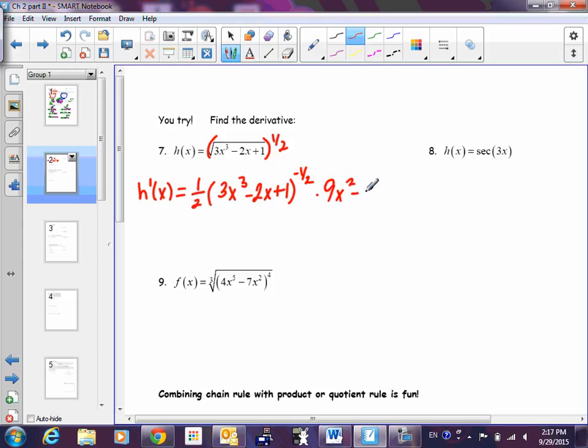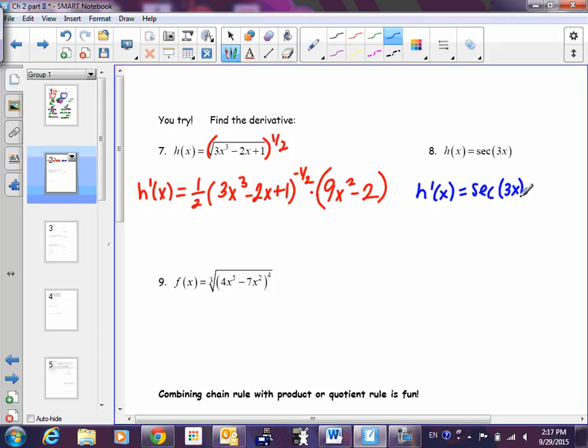Now, the way I have this problem right now, it's not actually saying what I want it to say. I want this to go multiply times the whole thing, 9x squared minus 2. This is where you have to have those parentheses. Okay?